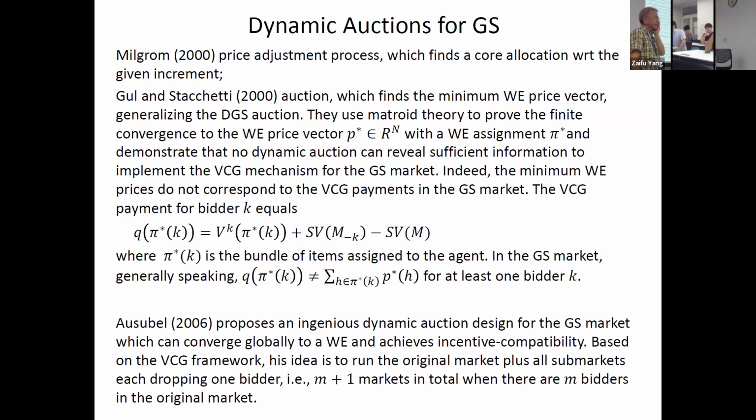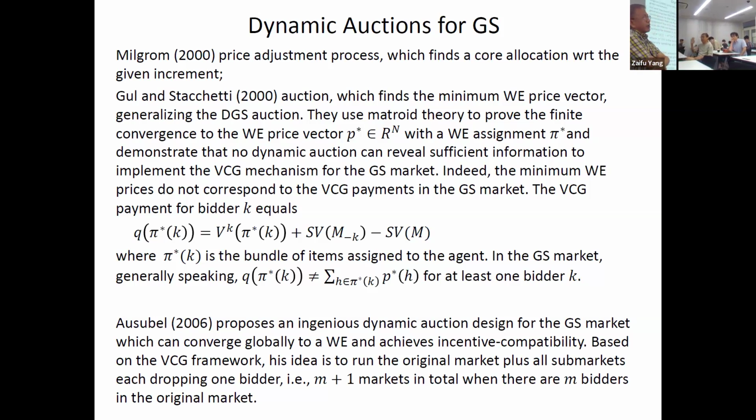Okay, so what's the relationship between the core and Walrasian equilibrium? Walrasian equilibrium always belongs to the core. Yes. But the core is strictly larger than competitive equilibrium. Yeah, but here I think they talk about the strategy to prove this. They show that for this general GS market, there's no way. Yeah, I have no objection.